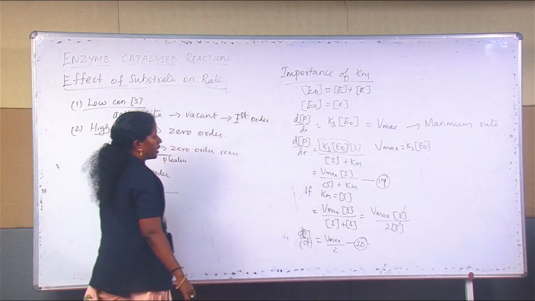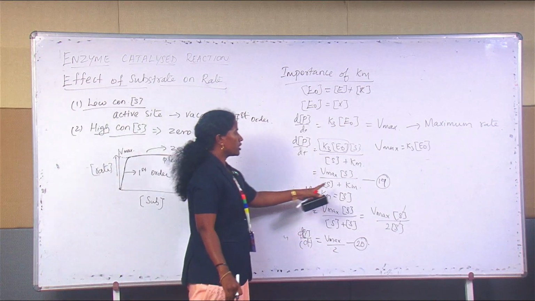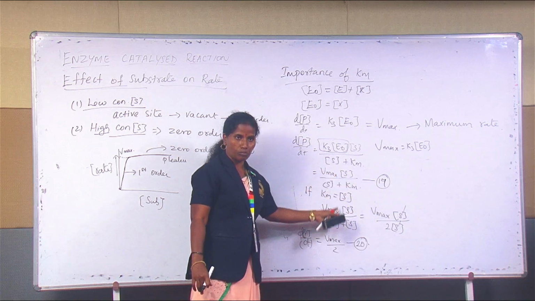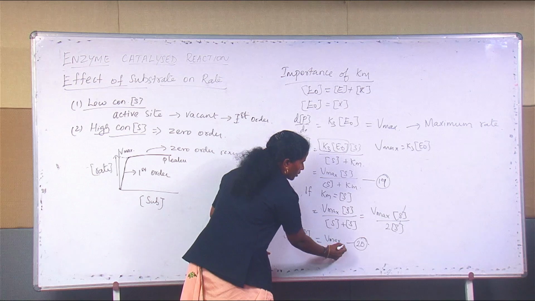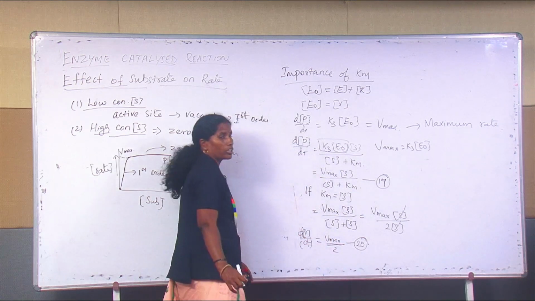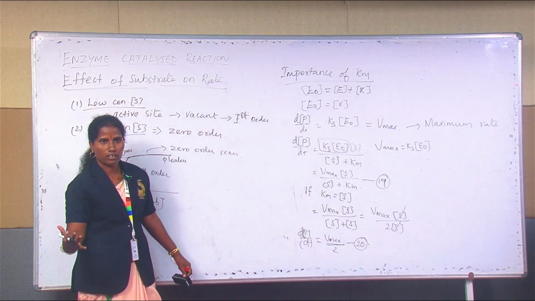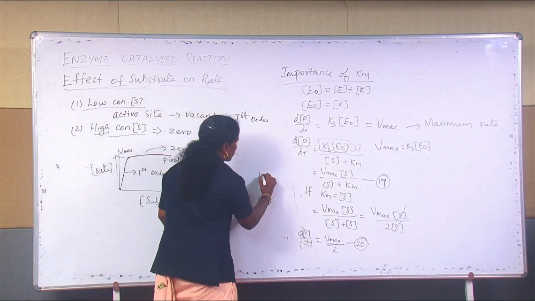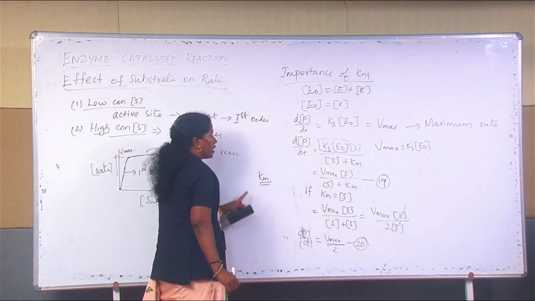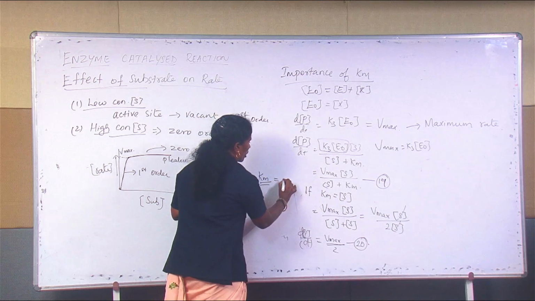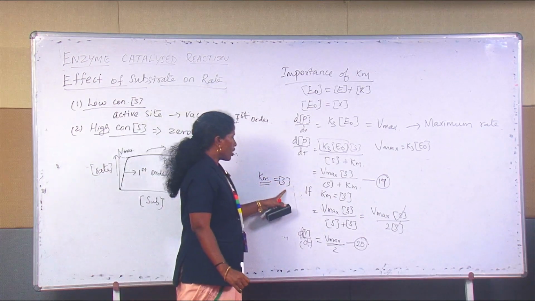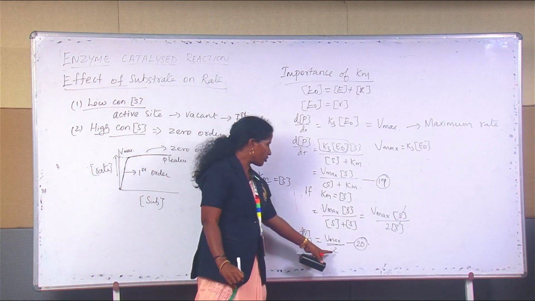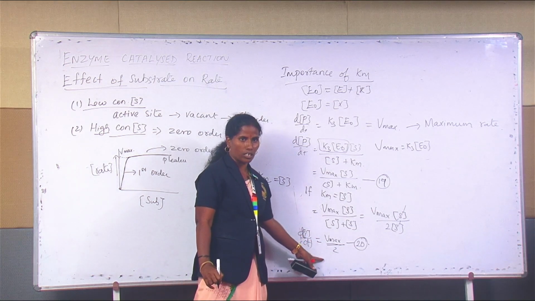That means the Michaelis Menten constant is equal to the concentration of the substrate at which the rate is half of the maximum rate of the reaction at a higher concentration of the substrate. So Km can be defined as the concentration of the substrate at which the rate of formation of product is half of the maximum rate of the reaction.